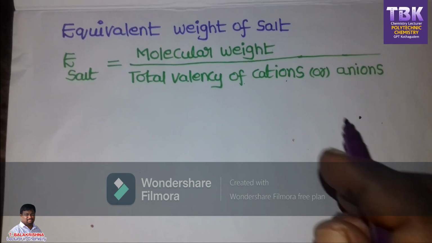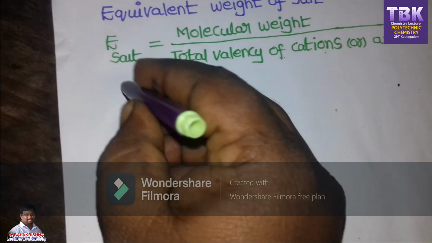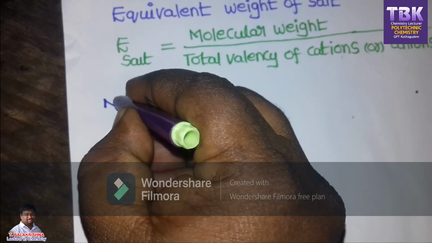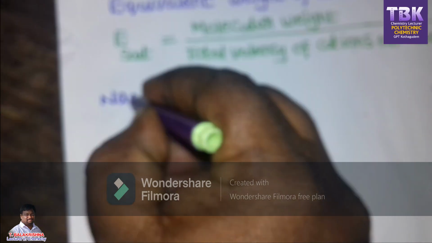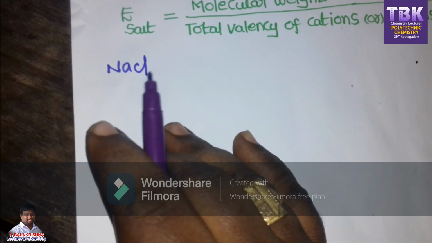How to calculate the equivalent weight of salts? Take one simple example, sodium chloride, common salt or table salt.